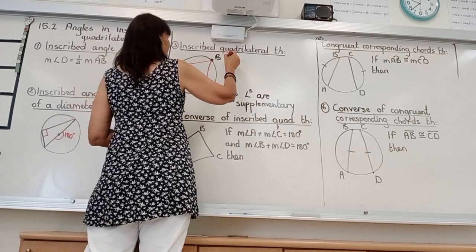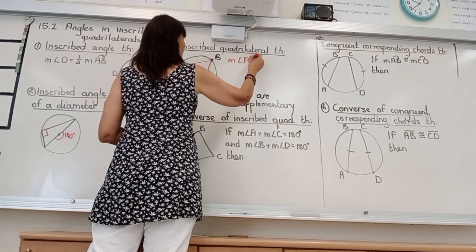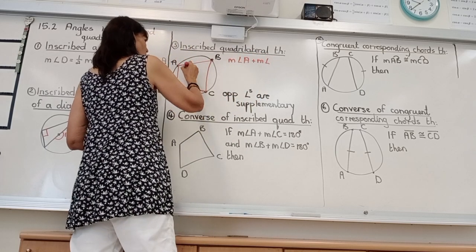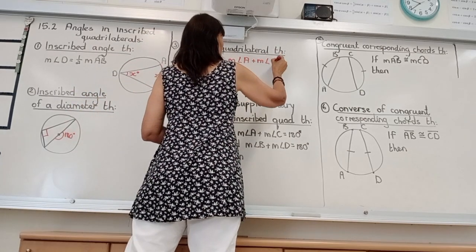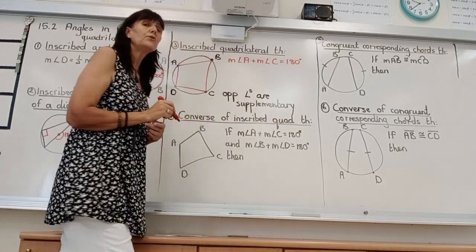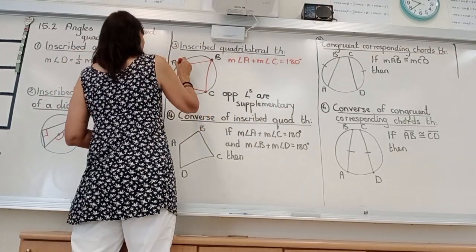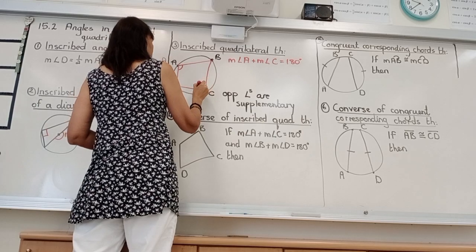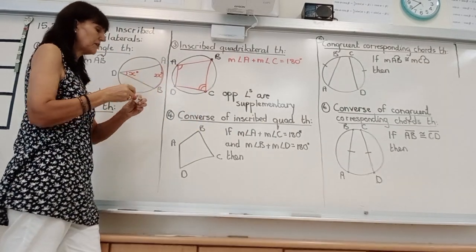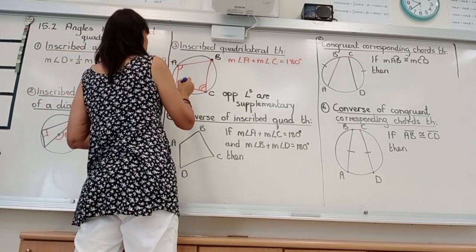The measurement of angle A plus the measurement of angle C, the one opposite, will always be 180 degrees. There's a proof for that, but we're not going to go into the proofs. Angle A and angle C are not equal, they are different angles, but if I add them, the answer is 180. They're supplementary.